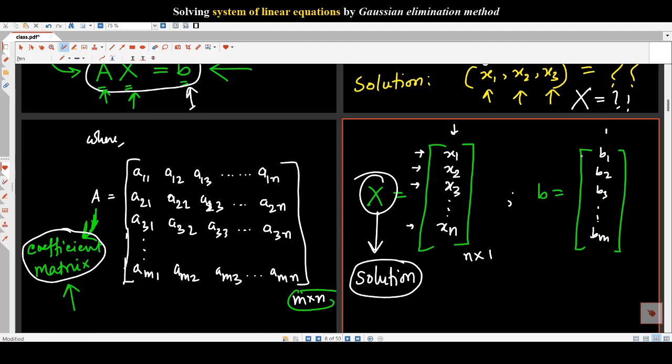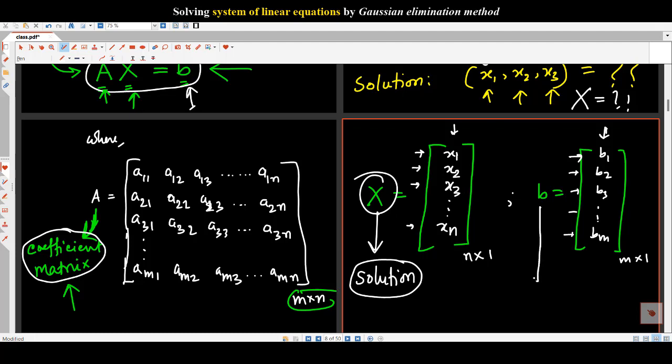Similarly, here how many rows do we have? We have m number of rows. How many columns? We have one column. So if we have only one column, then that is known as a column matrix. Similarly, the same thing goes for a row matrix. If we have only one row and many columns, then that is known as a row matrix. So here we just need the column matrix definition.